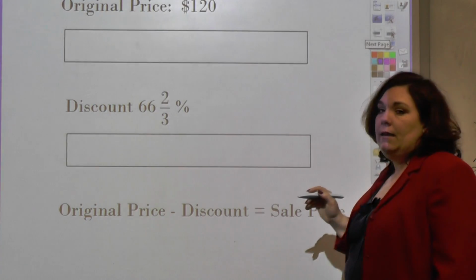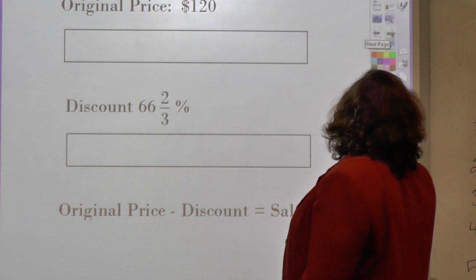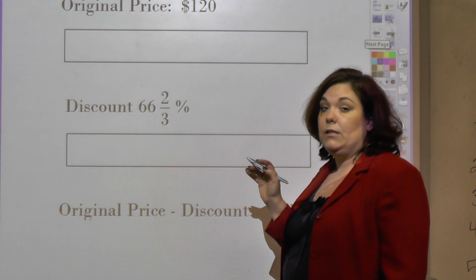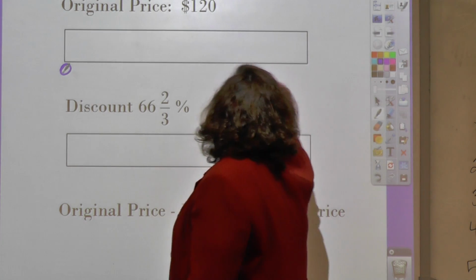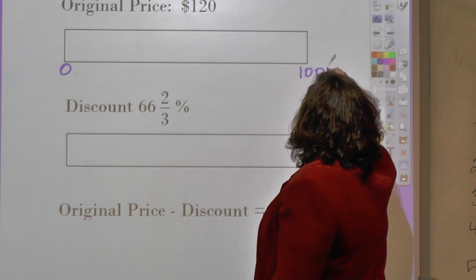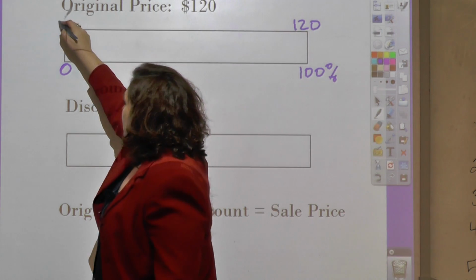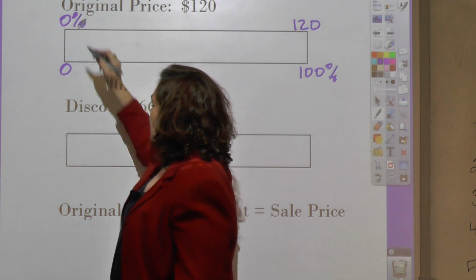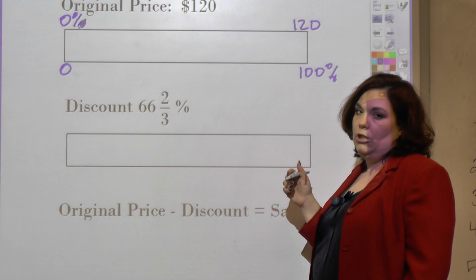So the way that you lay this out, we're going to go back to the bar models, and we look at this, and it says original price is 120. So that's how much it is before the sales price. So we've got 0 to 100%, and 120 being at this end, and 0% being at this end. And I look at my discount, and it says 66 2/3%.